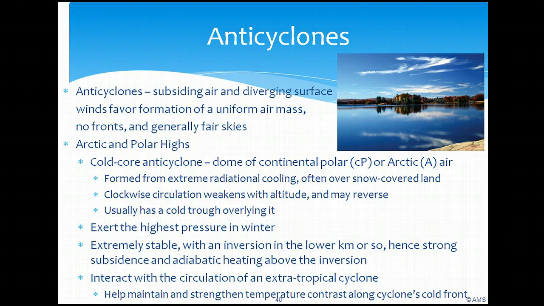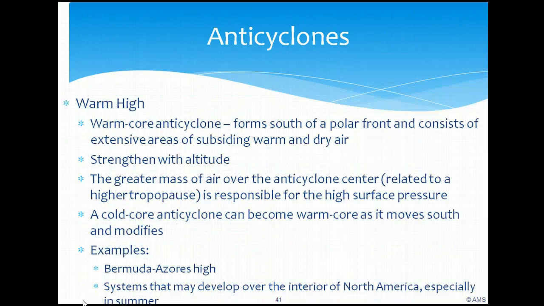Cold core anticyclones exert the highest pressure in the winter. This sets up extremely stable conditions within this particular anticyclone. Warm core anticyclones form south of the polar front and consist of extensive areas of subsiding warm, dry air.